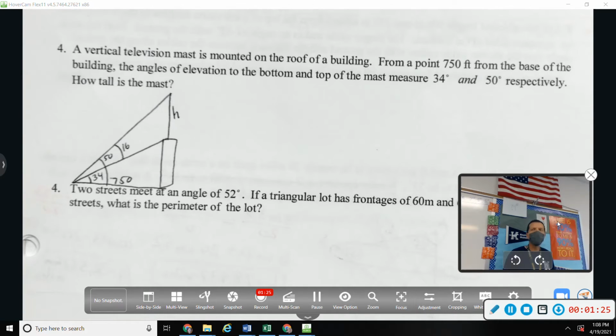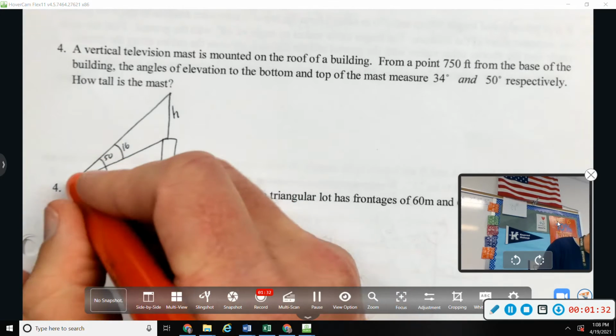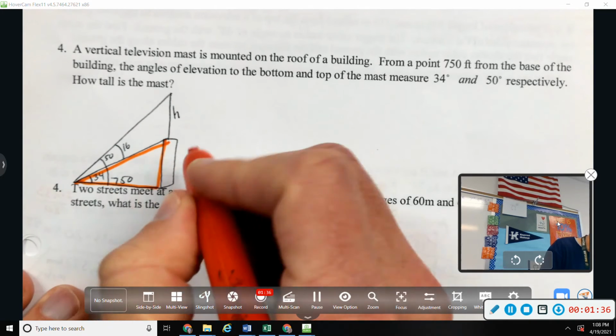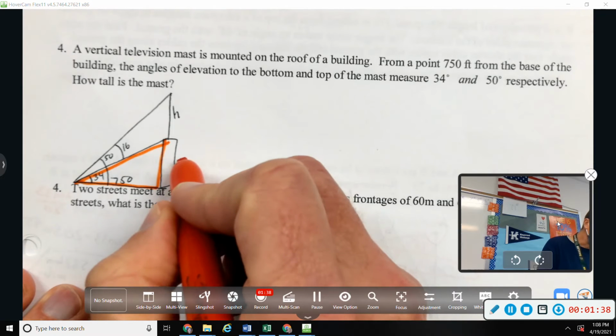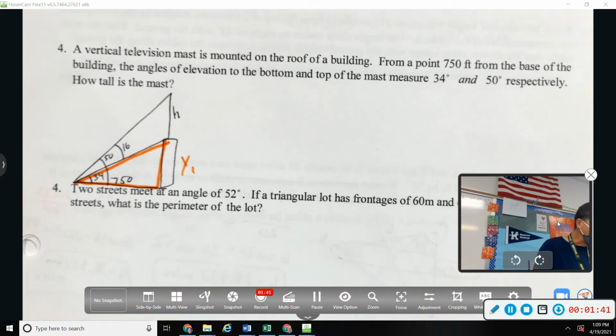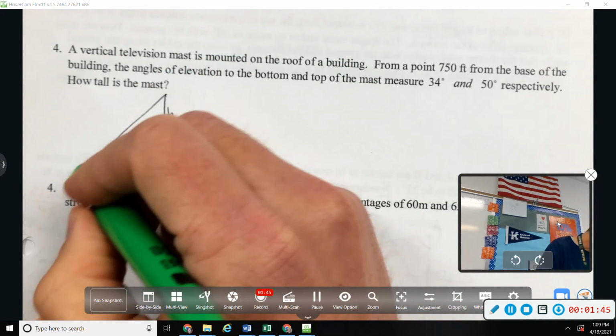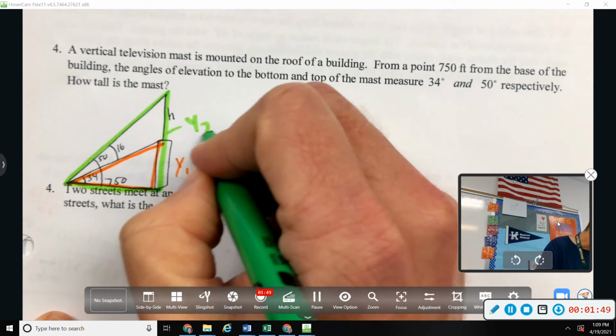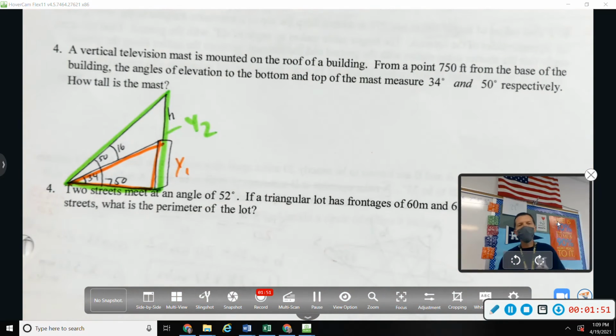I think it's an easier thing to look at the two triangles separately and find the height of the orange triangle. I'll just call them Y1, and then the height of the green triangle, call that Y2, and then H would just be the difference between those two. I think that's going to be an easier way to go.